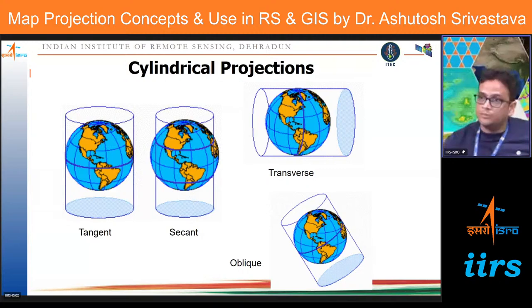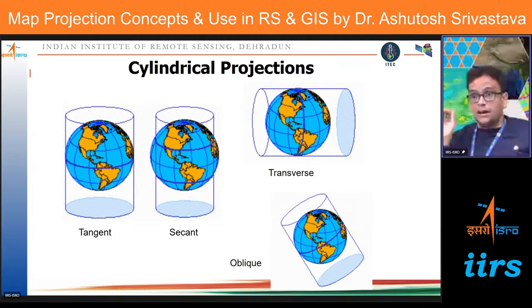We want to preserve the area, the distances, the shapes, the directions. So a lot of combinations can be there. That's why there can be many map projections. From one ellipsoid you take, different projections you can get.